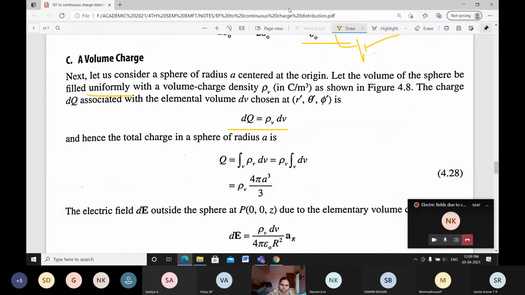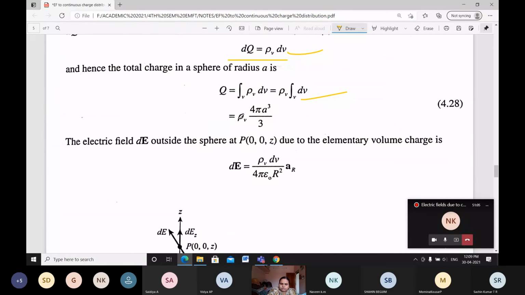This is the same as what we took at the starting point. Then the total charge is the integration over the volume of rho v dv. Since rho v is a constant, it is taken outside, so it is rho v times the integration of dv, which equals rho v times the volume of a sphere, 4 pi a cube divided by 3, the basic equation.